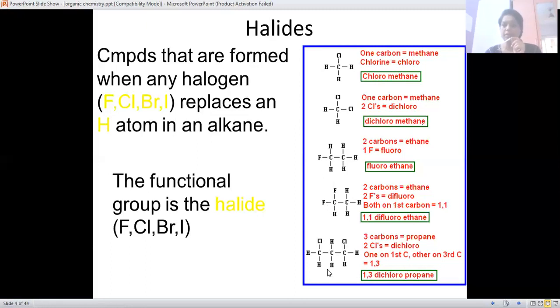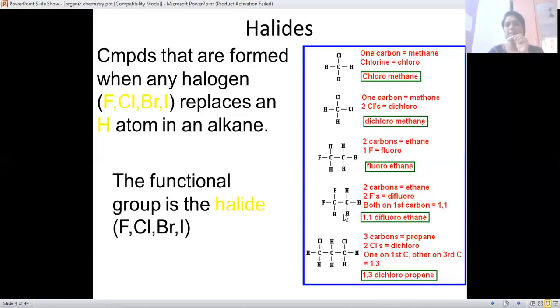Now it is somewhat different if the chain goes on with carbon attachments. Definitely the structure is also written in that way. The first carbon has a fluoro, the second carbon has no fluoro, and the third carbon has a fluoro. So 1,3-difluoropropane.